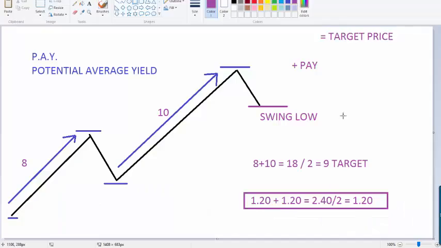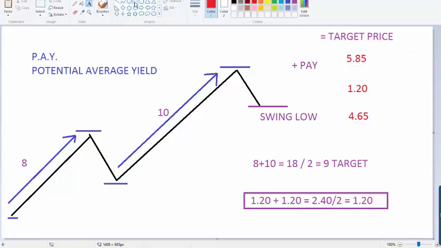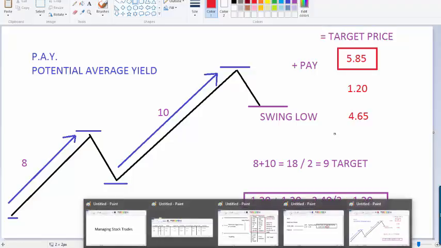So in this example, what we need to do is take 4.65 and add 1.20, and that would give us a target price of 5.85. Now all of that was to be able to come up with that number right there. So now we have our numbers.